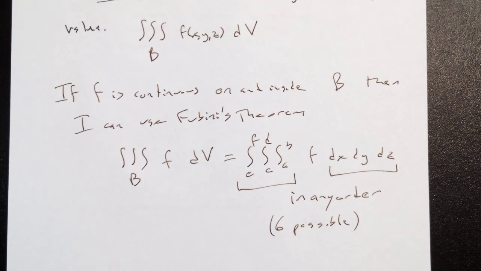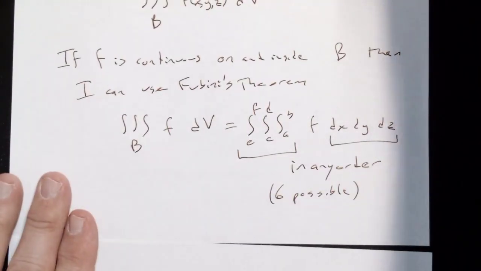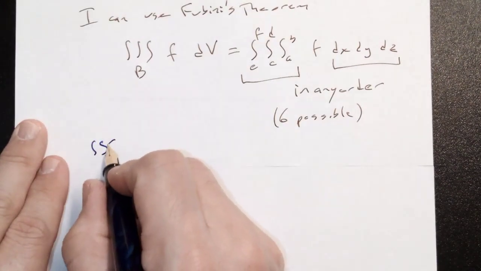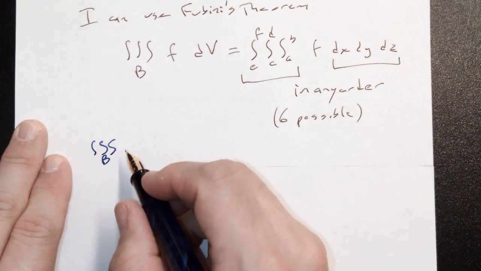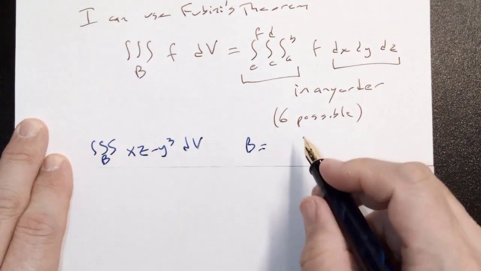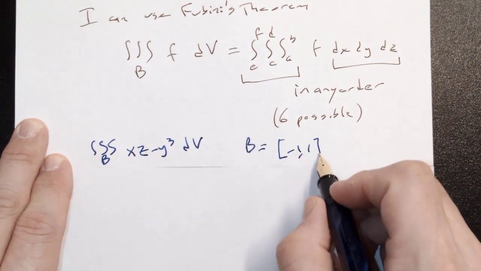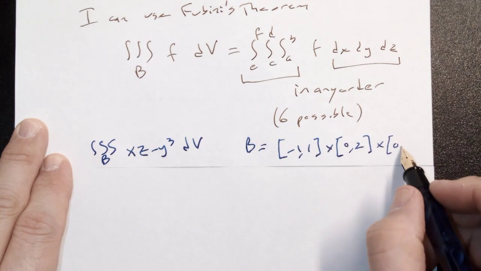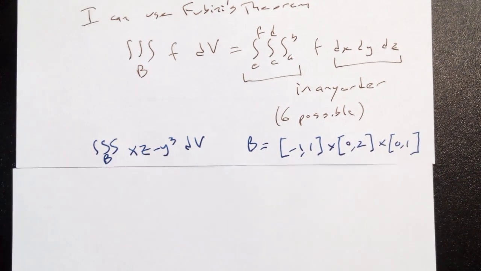An example. I want you to do the triple integral over the box given by -1 to 1 in x, 0 to 2 in y, 0 to 1 in z.